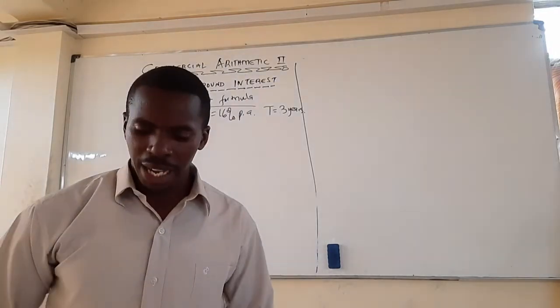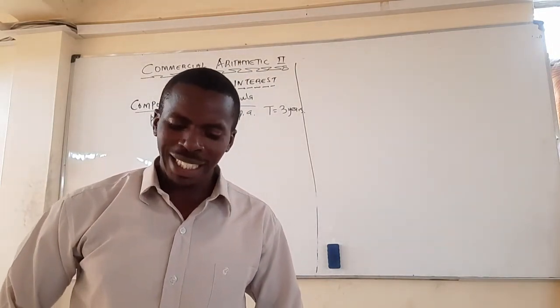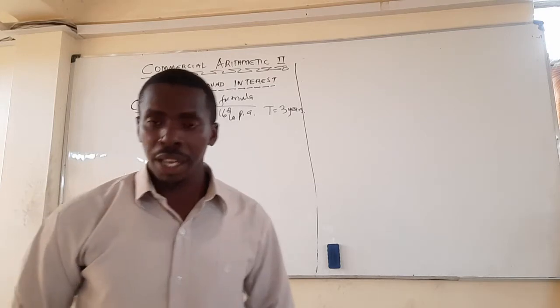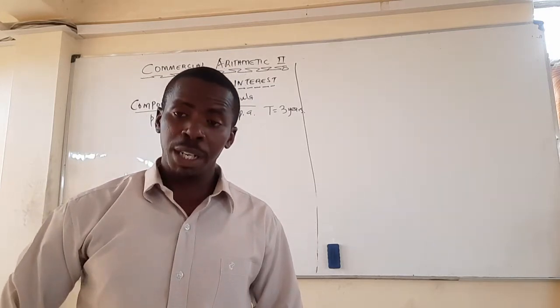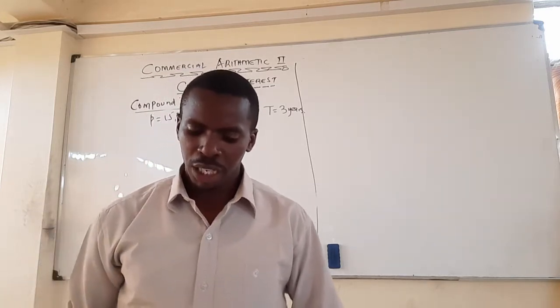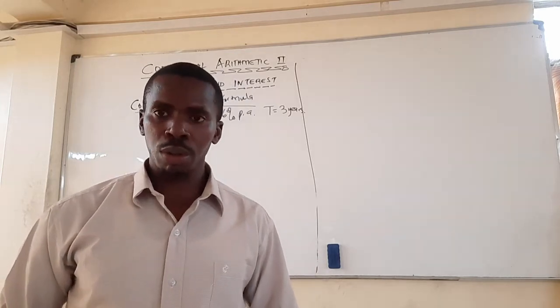Our principal here is going to be compounded quarterly. What does it mean? In 1 year, how many quarters do we have? We have 4 of them. So that is what you need to understand.